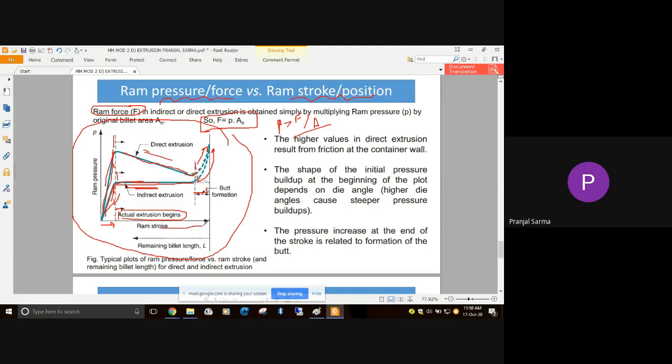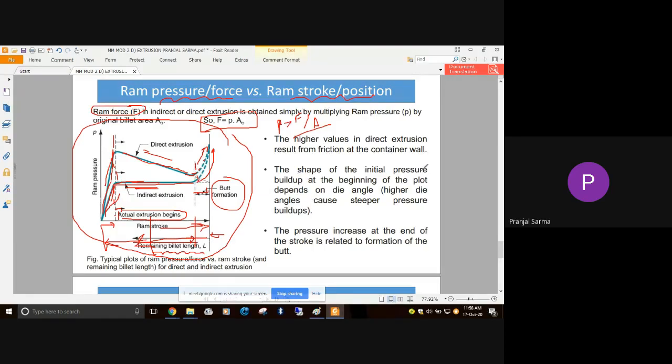It is showing the ram stroke, or in this direction, it is the remaining length of the billet to be extruded. Up to this much means the whole billet is remaining for extrusion. Up to this much means half of the billet has been extruded. Only this much will remain for extrusion, and this much will remain, which is nothing but the back formation. So this is basically about the graph.